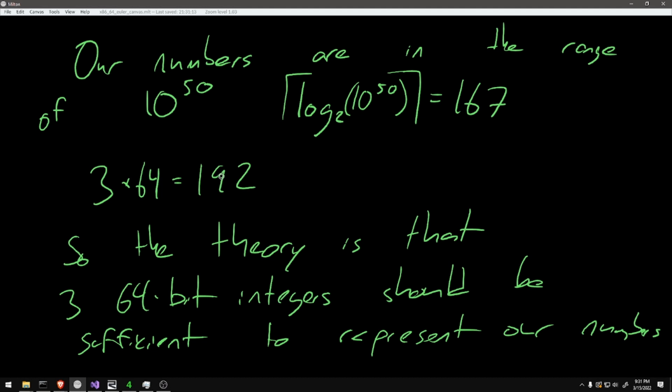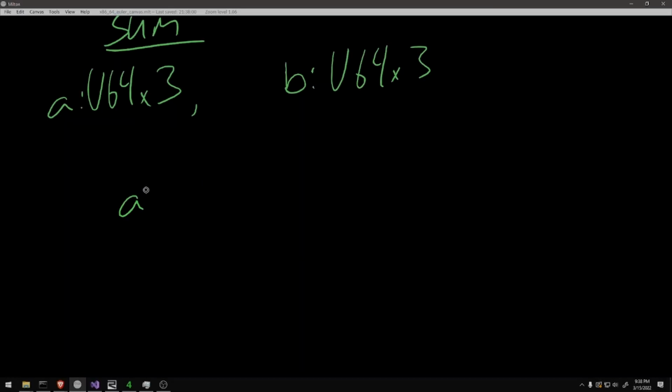Since 3 64-bit integers will be big enough to hold the answer, I'm basically thinking of it as a 3-digit number, where by digit I mean a number that goes from 0 to 2 to the 64 minus 1, right? That's my new numbering system. So instead of going from 0 to 9 like a base 10 number, it's a much larger base, but it's still the same basic concepts.